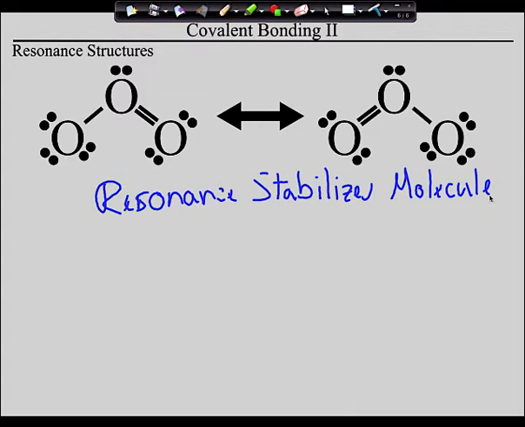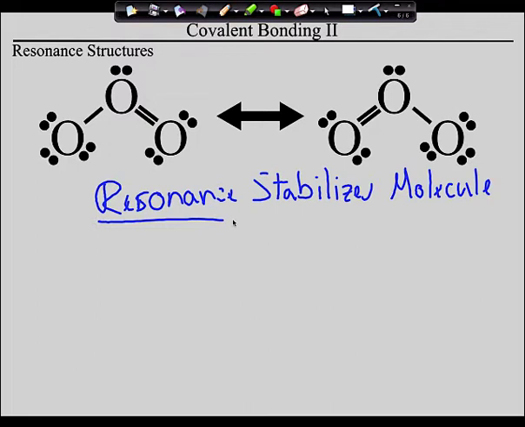This is what is called a resonance stabilized molecule. And this bonding that comes as the result of delocalized pi bonding is what we call resonance. This phenomenon is called resonance.